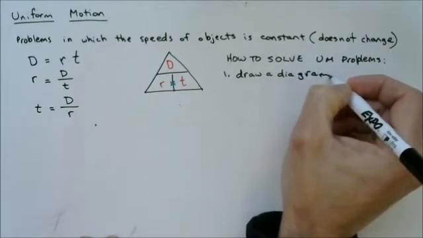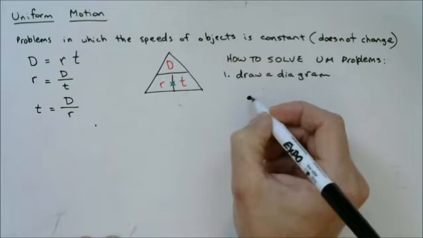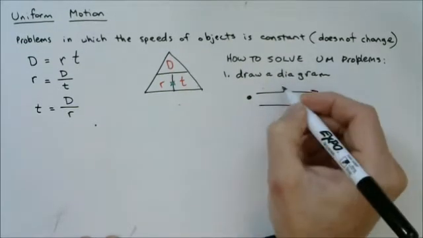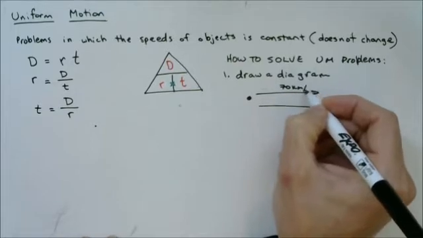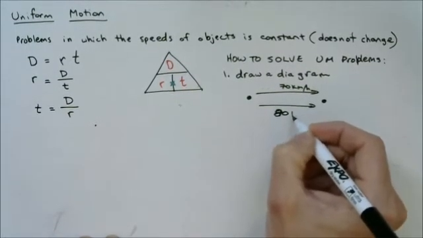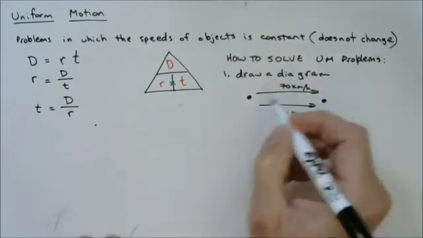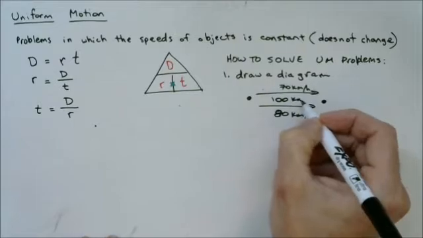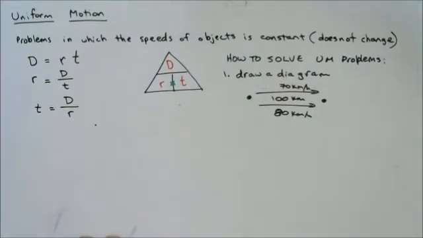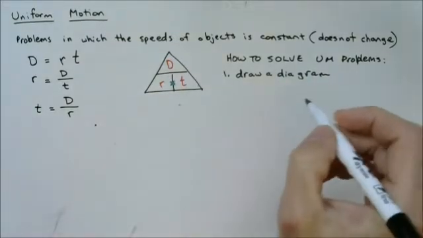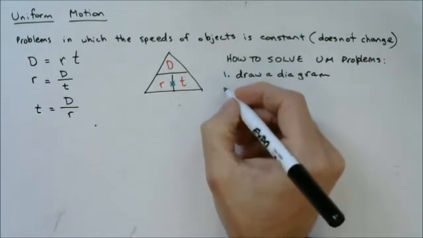Now, a lot of our diagrams are going to be as simple as, okay, here's a destination, this car's going this way, this car's going this way, this speed, don't draw this by the way, 70 kilometers an hour, 80 kilometers an hour, and they're both going 100 kilometers. Okay, something like that. We'll get into what the diagrams could look like a little bit later. But we're going to draw a diagram to represent the situation.